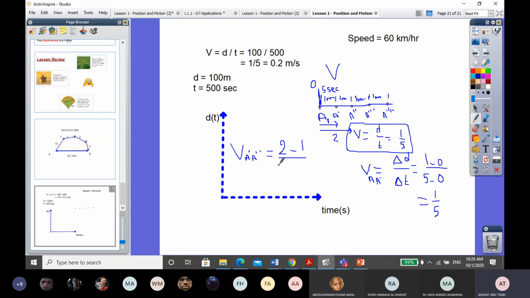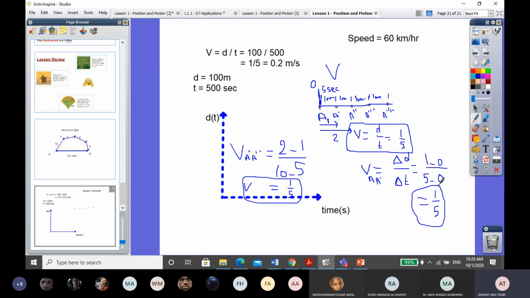Minus from A to A prime, how much time? 5 seconds. Excellent, guys. So it will be 1/5. Who can tell me? We have the same velocities here, guys. This is 1/5, and this is 1/5, and this is 1/5.